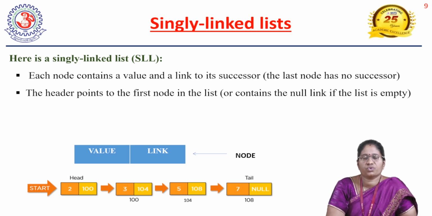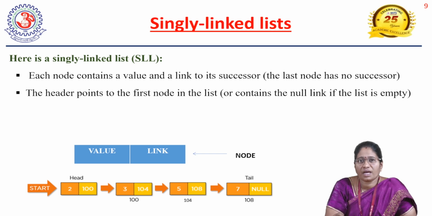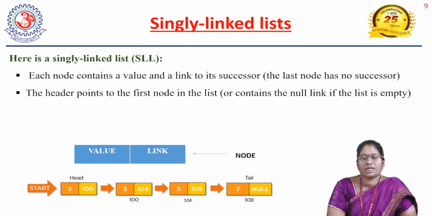With the help of the header, we can connect to whichever node is in memory. It contains a null link if the list is empty. If there is no node available in memory, the head contains empty, meaning there is no data in that particular list.